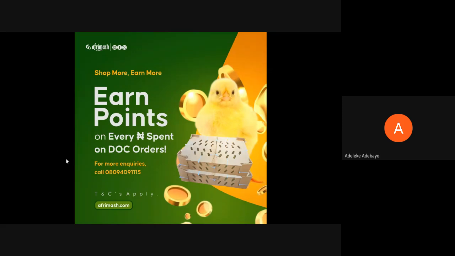An average antibiotic that works well and is effective costs from 6,000 naira upwards, depending on the recommended dose. So they are very expensive. And I don't know if farmers know that most of these antibiotics are actually packaged here in Nigeria.